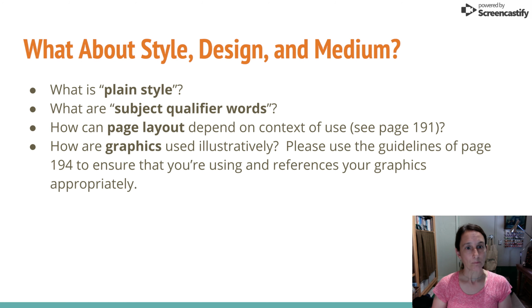So anything that you're saying or anything that you're writing for your instructions when you're writing your script, you're going to want to compose it and speak in plain style, which means you're not going to be using jargon or discipline-specific terminologies. Similarly, I want you to think about when subject qualifier words are appropriate.